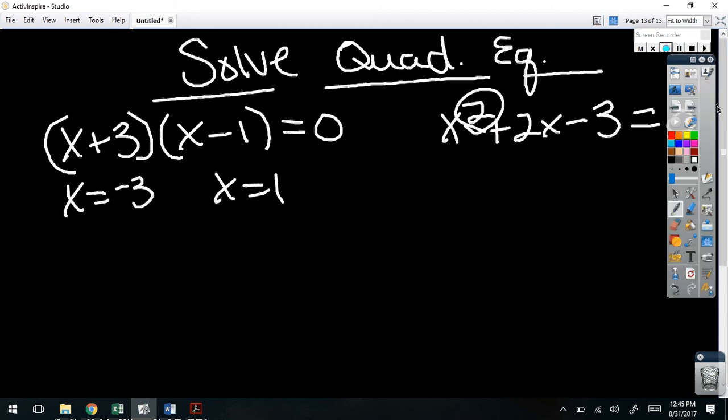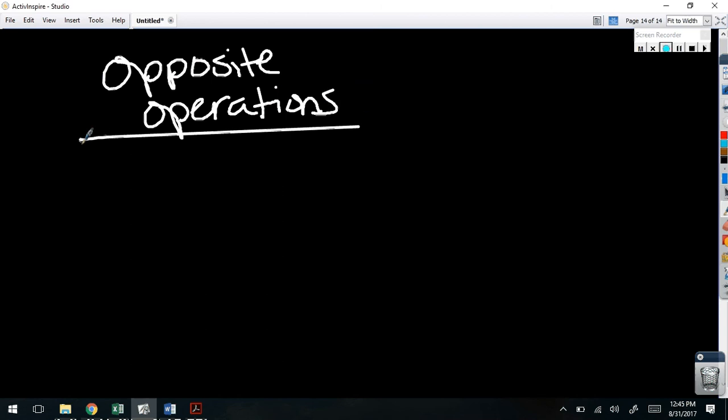All right, I want you to think about something with me for just a minute, and we touched on this yesterday as well. We talked about some opposite operations, in other words, what makes things cancel out whenever we solve equations. We talked about the opposite operation of addition is subtraction.